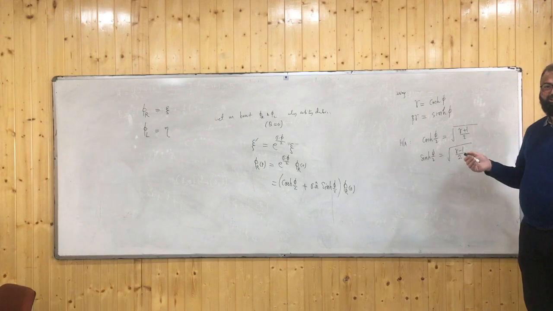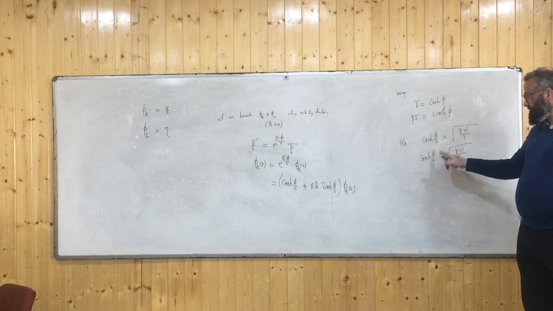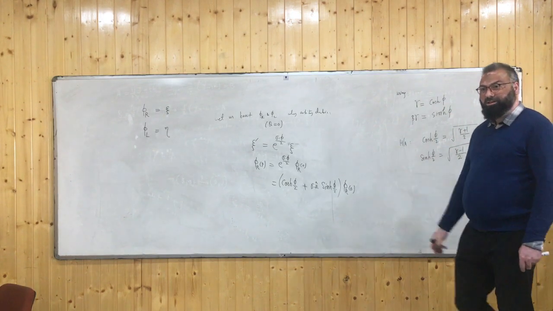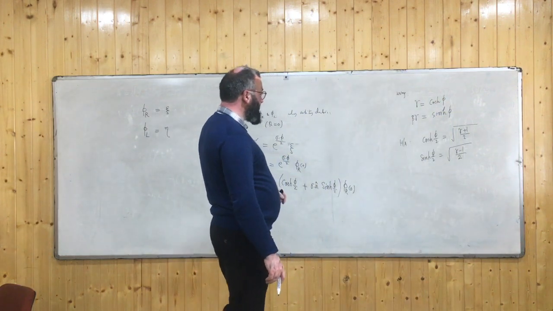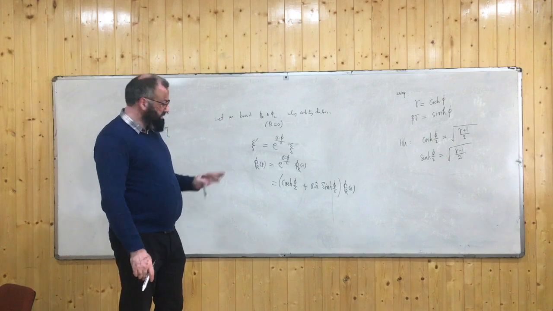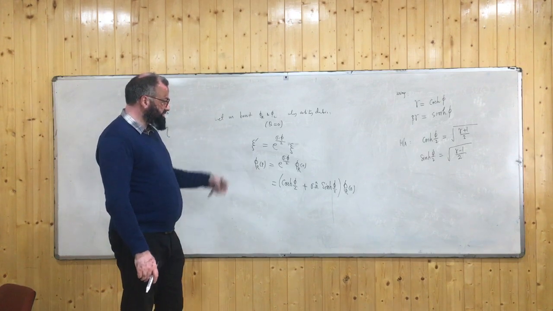So if instead of theta I have theta by 2, just use those kinds of formulas and you will get it. Just use double angle formulas, where the double angle is written in terms of the half angles. Clear? You should know this. This is a very trivial thing.